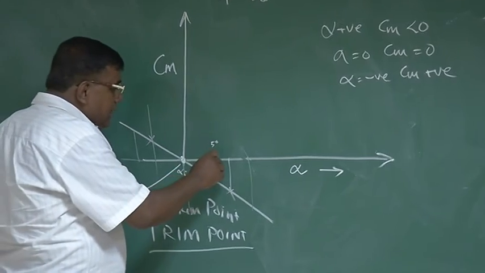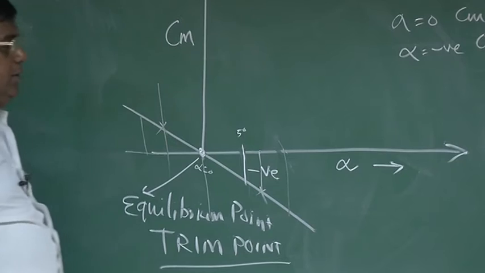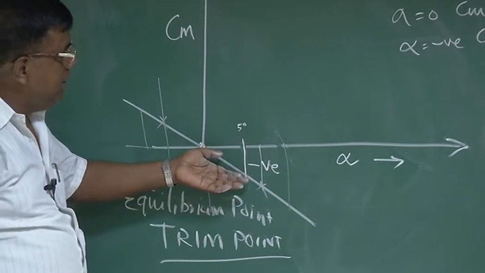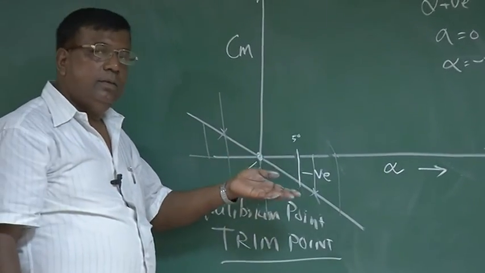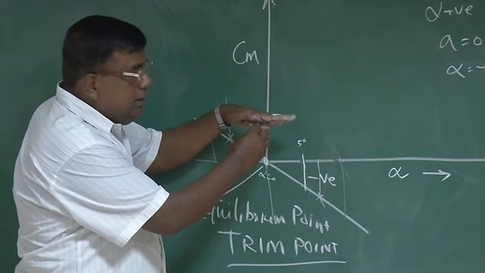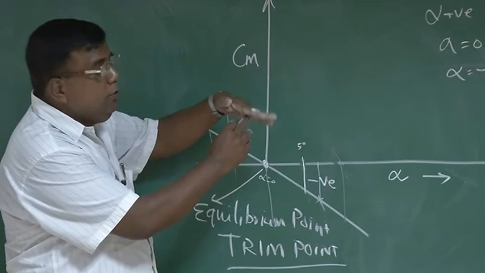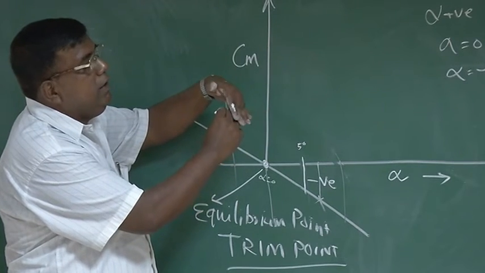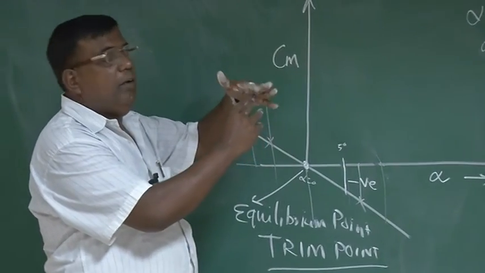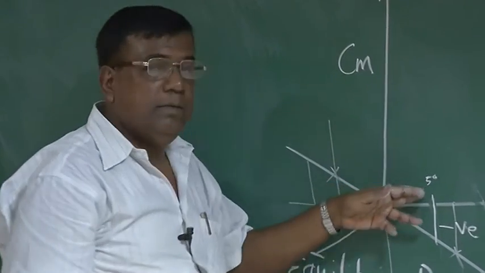So what will happen immediately? Immediately this aircraft, or this plate, will generate a negative moment. Correct? What will a negative moment do? The plane was going like this, there is a positive alpha disturbance, so it is generating a negative moment, and the nose will come down. You could see it has an initial tendency to bring alpha back to the original alpha, so it has an initial tendency to nullify this disturbance.